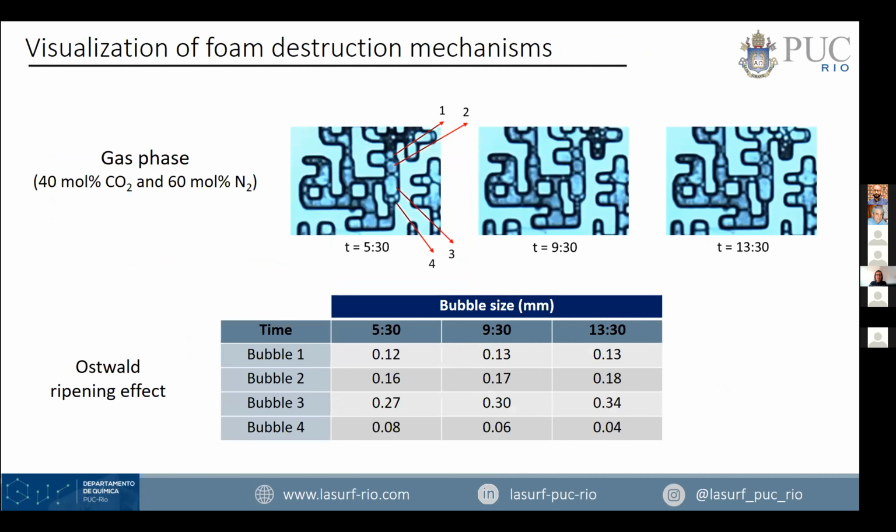It also allows us to confirm the importance of the Ostwald ripening effect and compare it for the different cases, which is the main mechanism affecting CO2 foams.